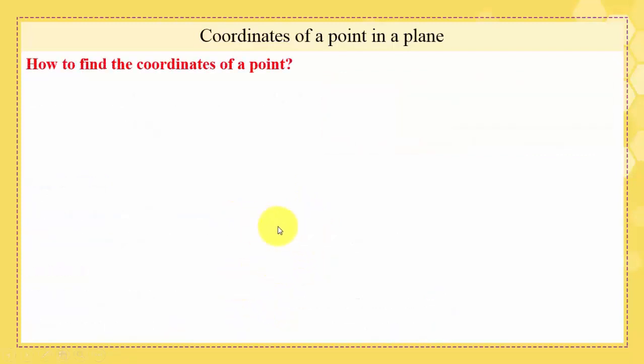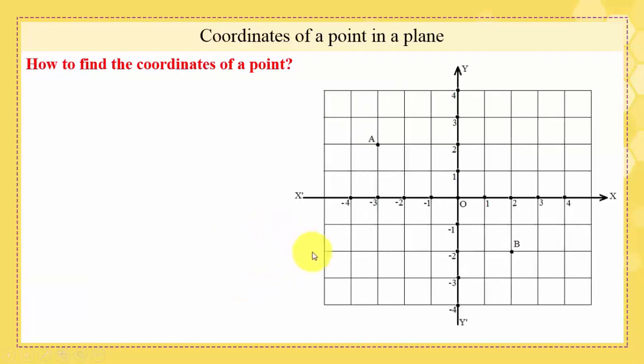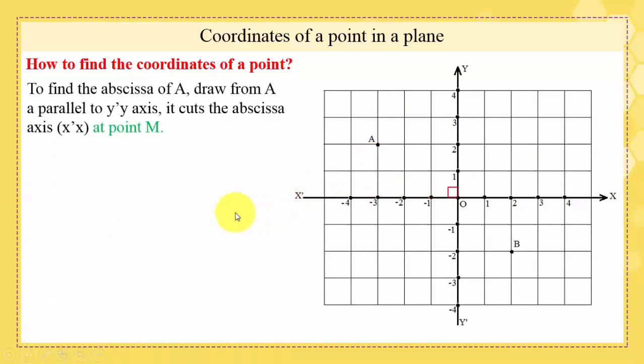How to find the coordinates of a point? Now if we have a point on the plane, how to find its coordinates? To find the abscissa of A, draw from A a parallel to the y prime y-axis. It cuts the abscissa axis x prime x at point M. Look here, from A, to find its abscissa, we draw a line that is parallel to y prime y.